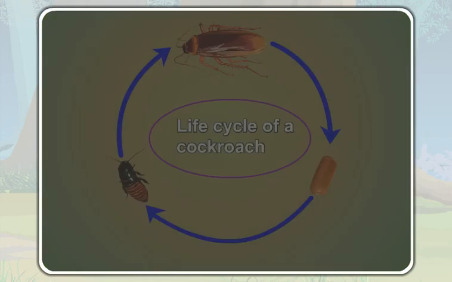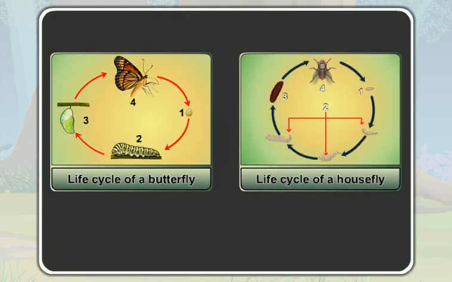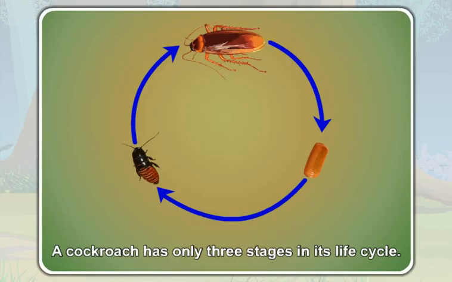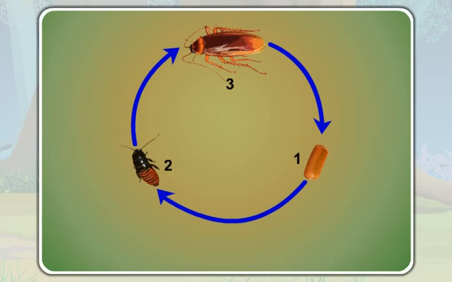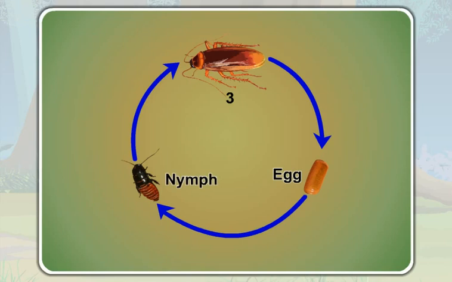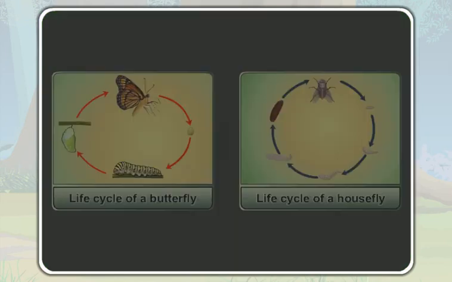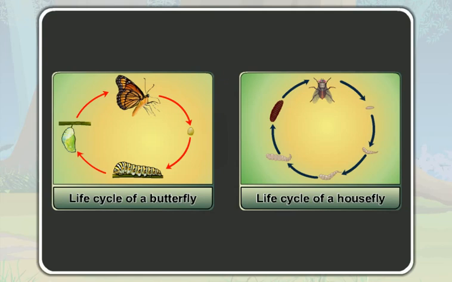Unlike a butterfly and a housefly, a cockroach has only 3 stages in its life cycle. They are the egg, the nymph, and the adult. None of the stages in the life cycle of a butterfly or a housefly look similar.